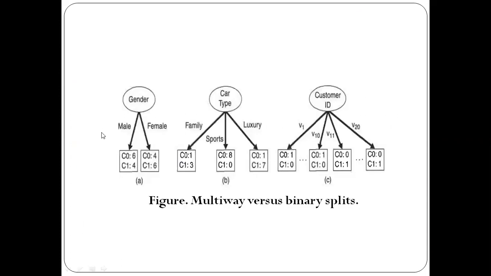For the gender attribute, the distribution for male will be 6 for class 0 and 4 for class 1, that is 0.6 and 0.4. In the same way for female, the number of records that belong to class 0 is 4, and to class 1 is 6. We have divided the records by selecting this gender attribute.